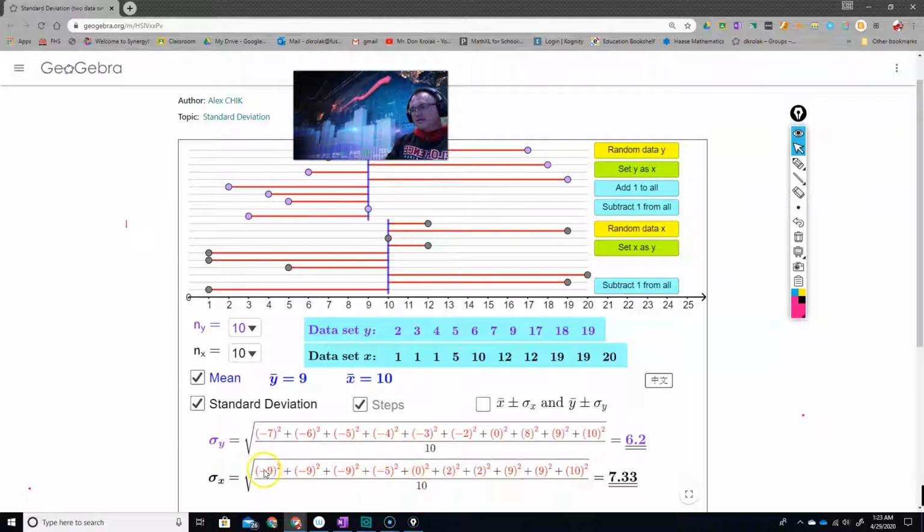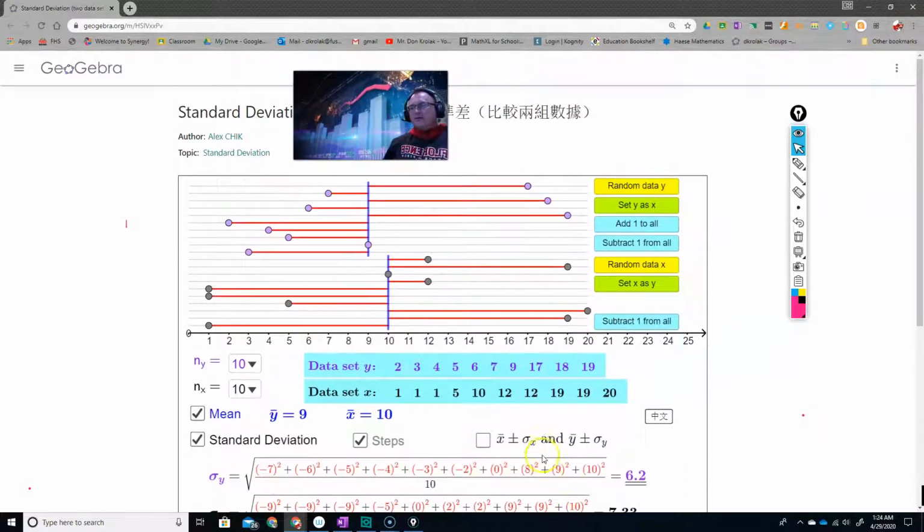So I subtracted 1, take away the average, 1 take away the average, 1 take away the average, 5 take away the average, etc. Squared those, divided it by 10, and then took the square root. That's the standard deviation. When you don't take the square root, that is known as the variance. So that's what those two things are telling us.